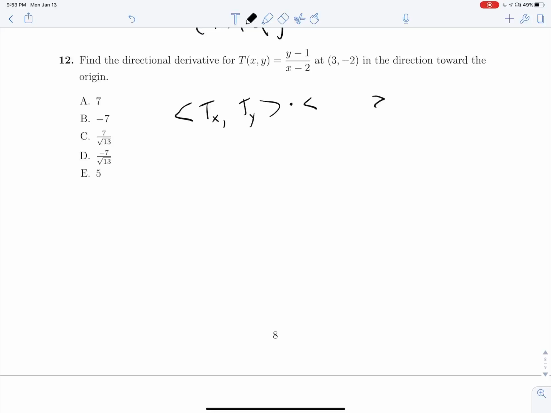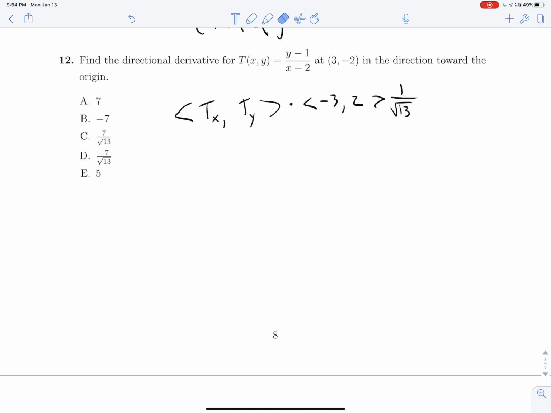In this case, our direction is towards the origin, and if we're sitting at the point 3, negative 2, our vector towards the origin is exactly the opposite way we came, so negative 3, comma 2. But that's not a unit vector. We need this as a unit vector, so we need to divide by its magnitude. Its magnitude is root 13, so 1 over root 13 needs to go out there.